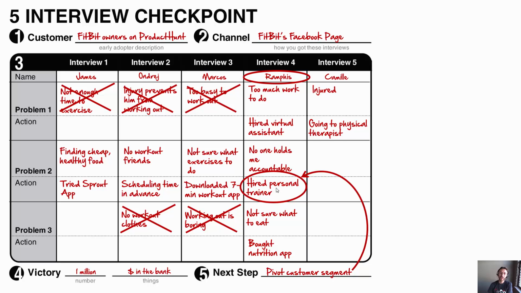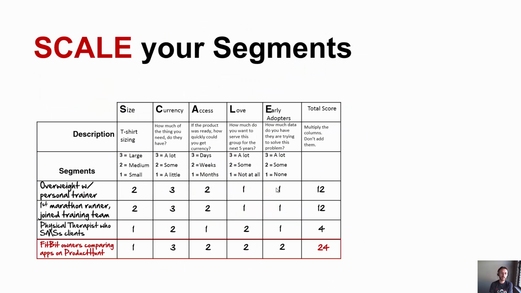All right. Now, if you think about it, this actually kind of makes sense, right? It's not too surprising that we would find someone like Ramphis during our interviews and decide that maybe this is the type of person that we want to go after. Because if we go back to the scale segment, the hypothesis was that Fitbit owners comparing apps on Product Hunt would be the best segment to go after. But having gone and done the work, done the interviews, it turns out that segment is too broad.